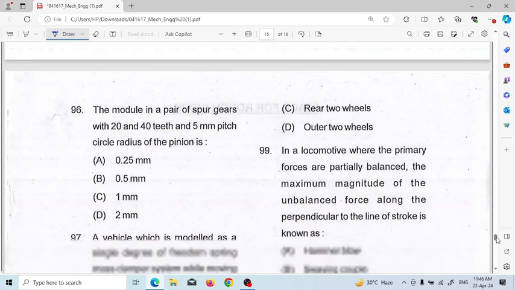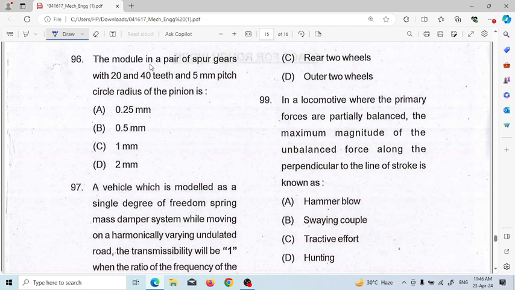Next, question number 96. The module in a pair of spur gears with 20 and 40 teeth and 5 mm pitch circle radius of the pinion wheel. We have to find the module. The module formula is diameter divided by teeth, where 5 mm is the pitch circle radius. So diameter will be 2 times the radius, divided by the teeth on the pinion.